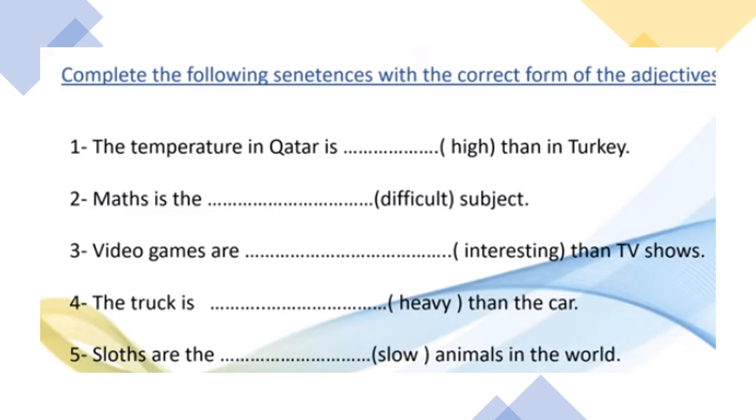Math is the difficult subject. Yes, I have to compare math and other subjects. Very good. So I have to make a superlative. And difficult is a long adjective. So the answer is: math is the most difficult subject.